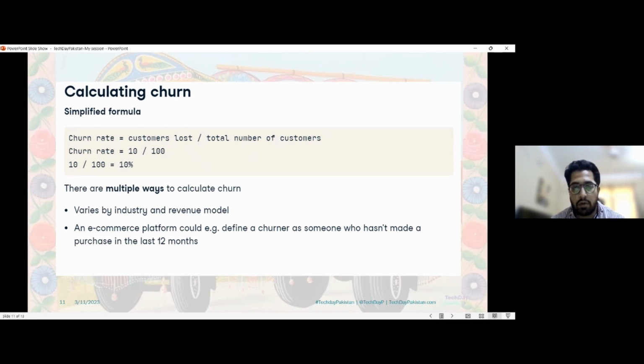In e-commerce, the way it's measured is by looking at several different factors, such as the number of purchases over a 6 month period, 12 month period, and so on. That really helps them understand if their customers are valuable enough, or whether they are exiting the e-commerce platform for a specific reason.